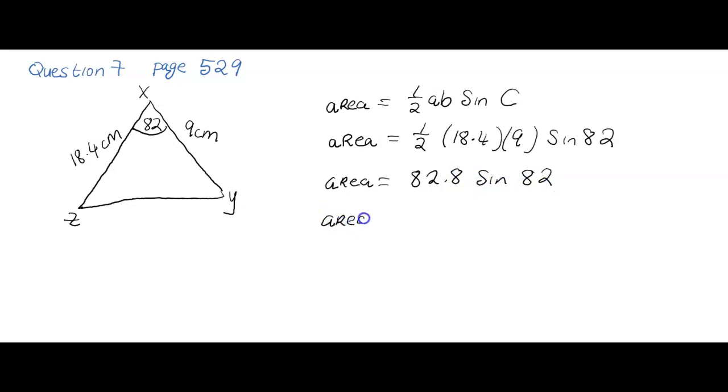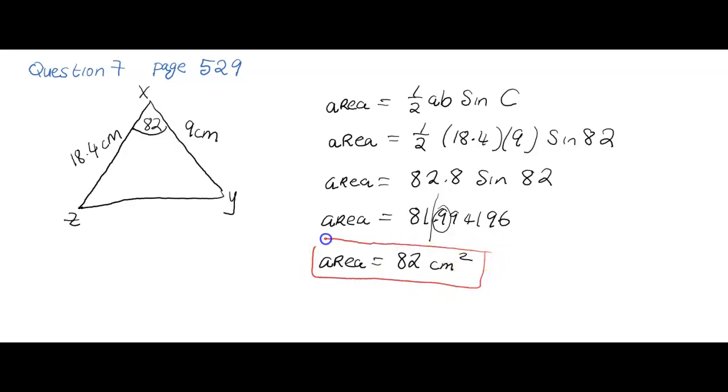Area then is equal to 82.8 sine 82, which equals 81.994196, and it asks for the nearest centimeter. So area then is equal to 82 centimeters squared. Is that okay?